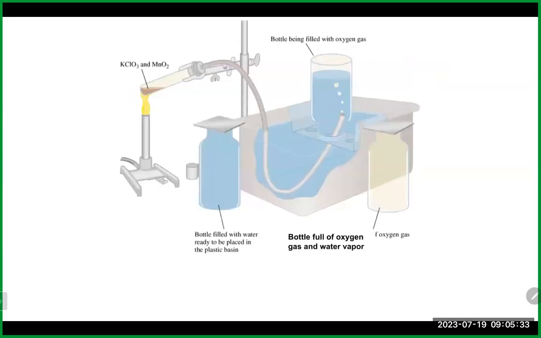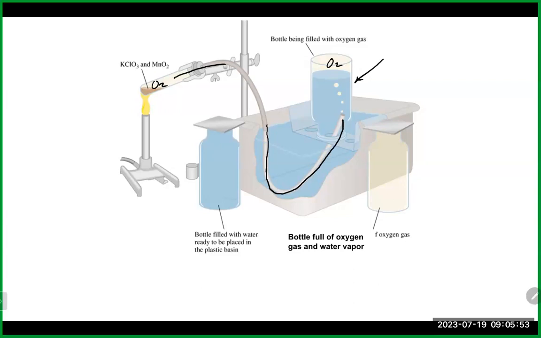In a situation like this, you've got some potassium chlorate, you heat it up, going to generate a bunch of oxygen gas, going to go through the tube all the way through. This was obviously filled with water. So as the oxygen comes in, out goes the water, and it basically displaces the water that was in there.